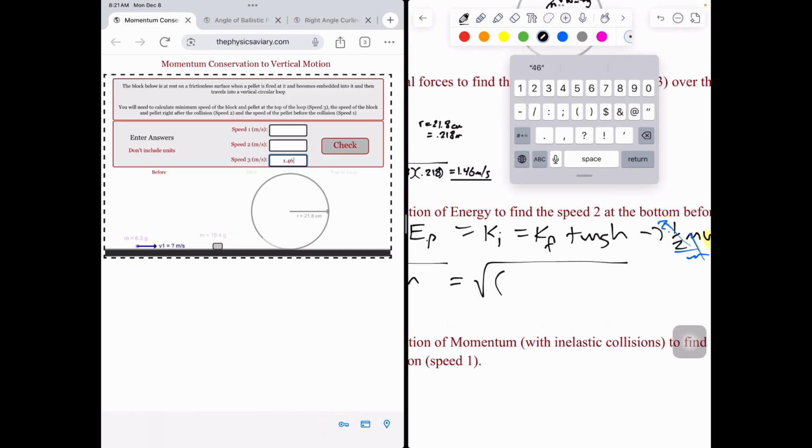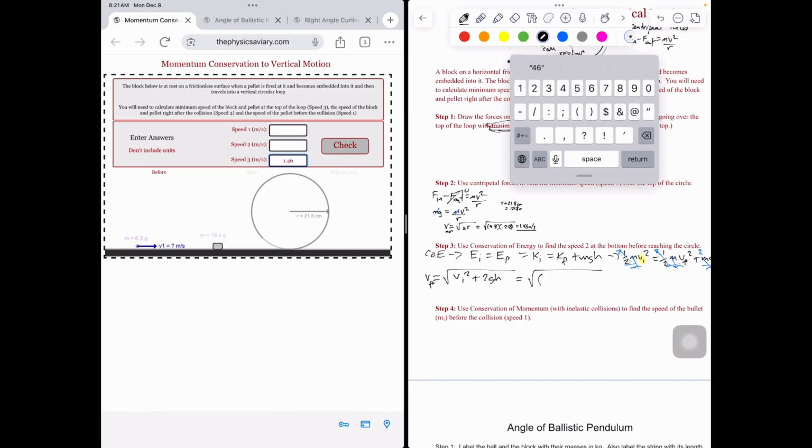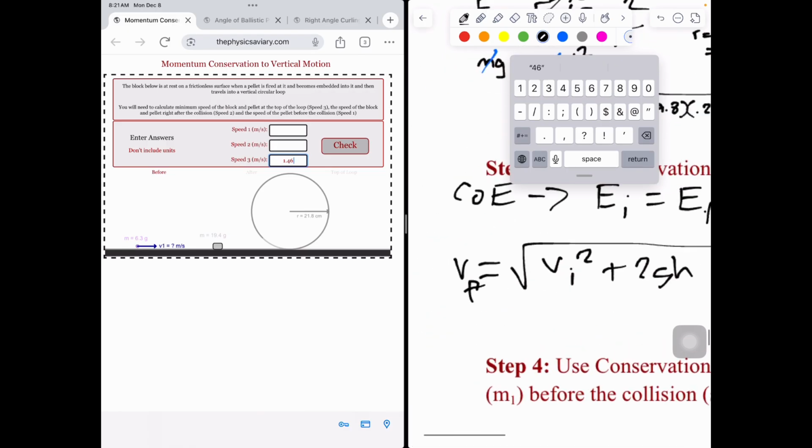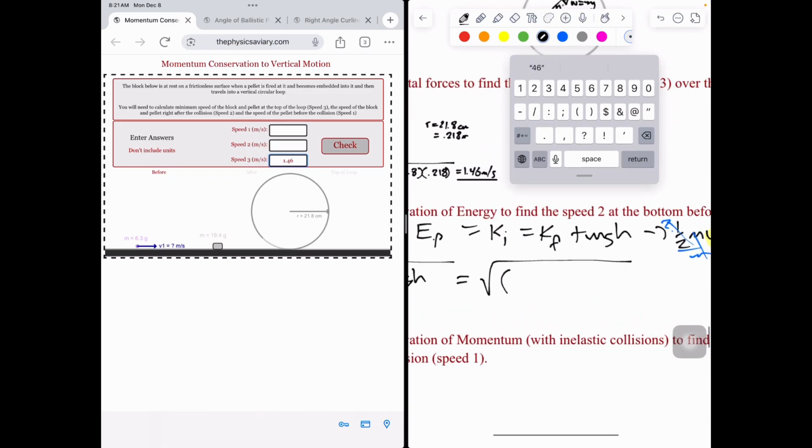Sorry, I got this backwards. Didn't mean to confuse you. That's v initial, that's v final. Had it backwards. So v initial equals the square root of v final squared plus 2gh. There we go. That's better. Sorry if I was confusing you there.